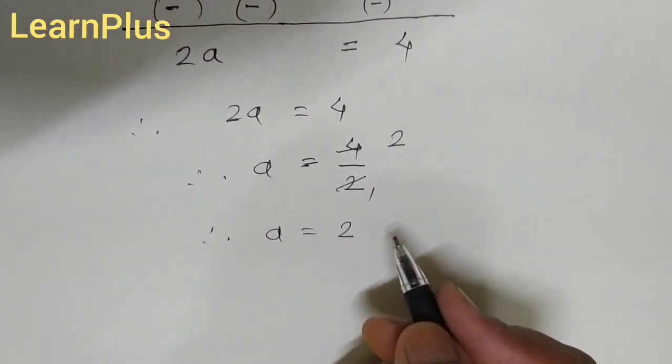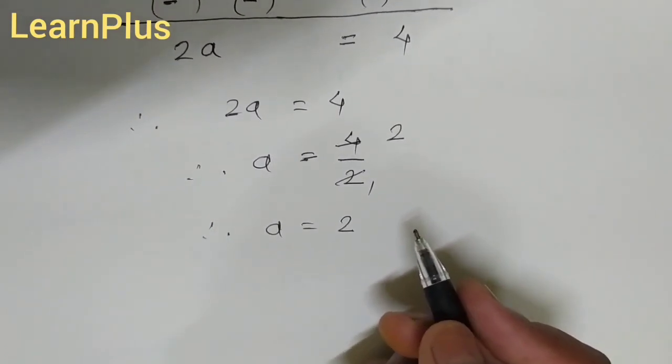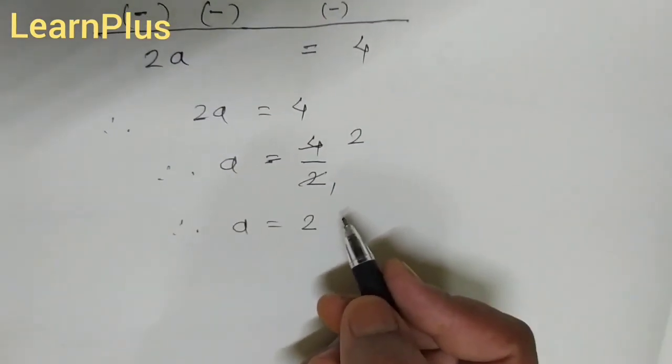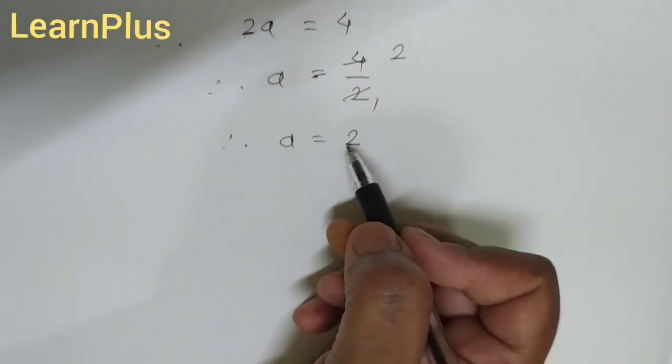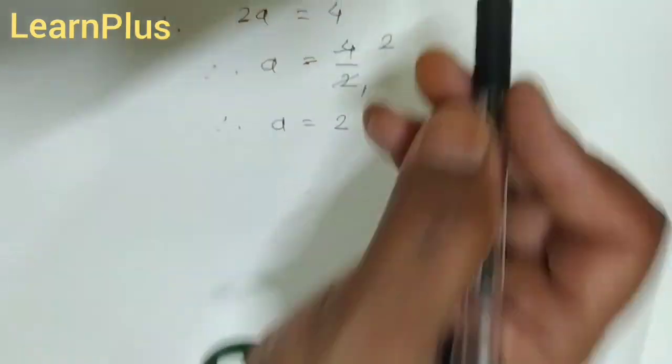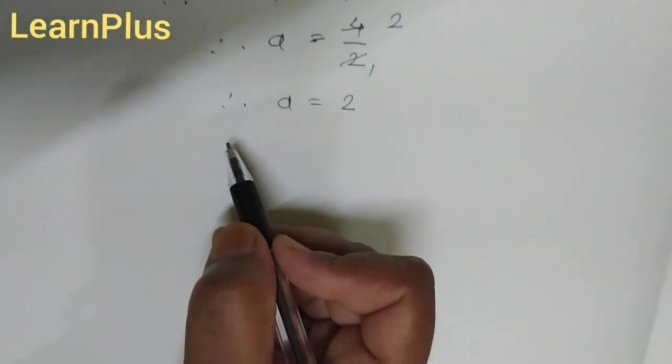Okay. Now we want to find the value of b also. Then we'll place the value of a is equal to 2 in the second, means a plus 5b is equal to 22. In this equation we will put the value.